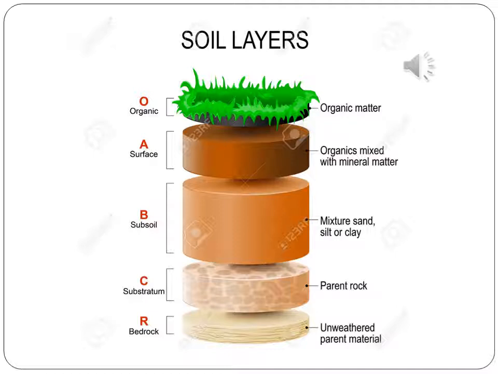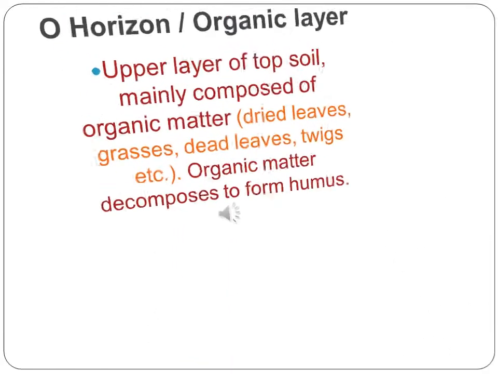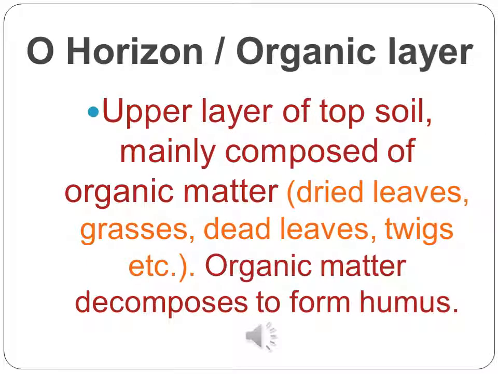Now let us discuss the characteristics of each layer of soil. So soil profile is composed of a series of horizons of layers of soil, stacked one on top of the other. These layers or horizons are respectively letters O, A, B, C and R.